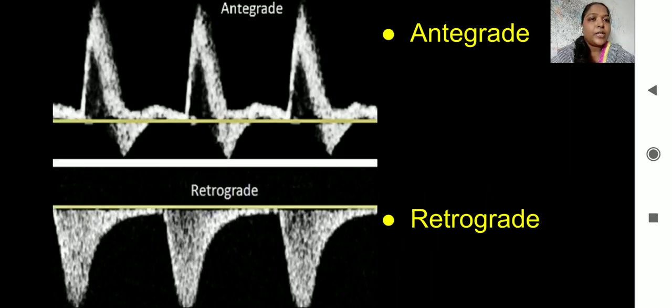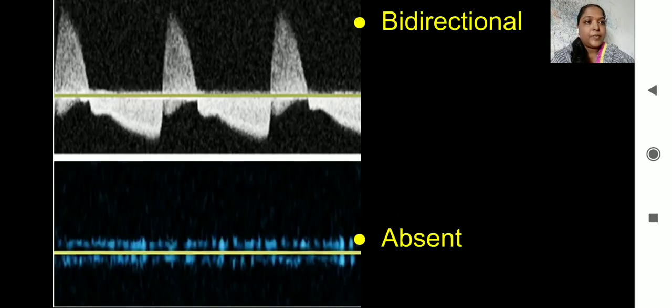Antegrade flow is when the blood flows in the proper or correct direction in the vessel we are examining. Retrograde flow is when the blood flows in the opposite direction, abnormally, below the baseline. Bidirectional is when the blood flows in both directions, antegrade as well as retrograde, through the same orifice. In absent flow, there is no blood flow across the vessel.